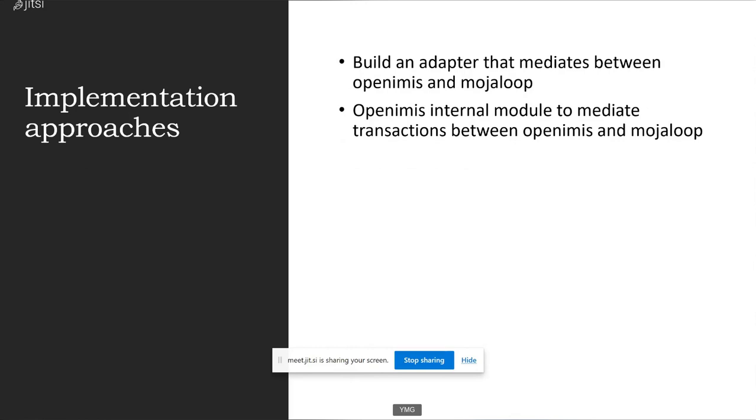But unfortunately, due to technical issues, we could not proceed with any implementation because we were not able to set up MojaLoop on time on our own, and it was also a struggle to set it up in a sandbox environment.